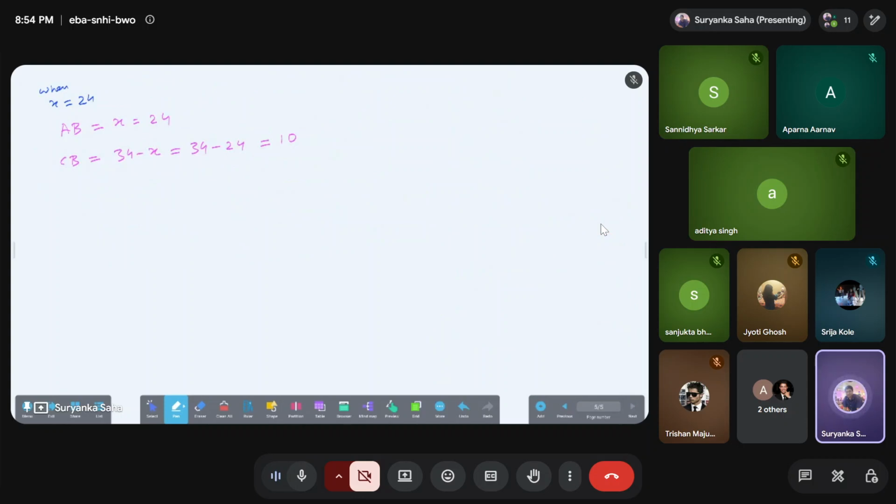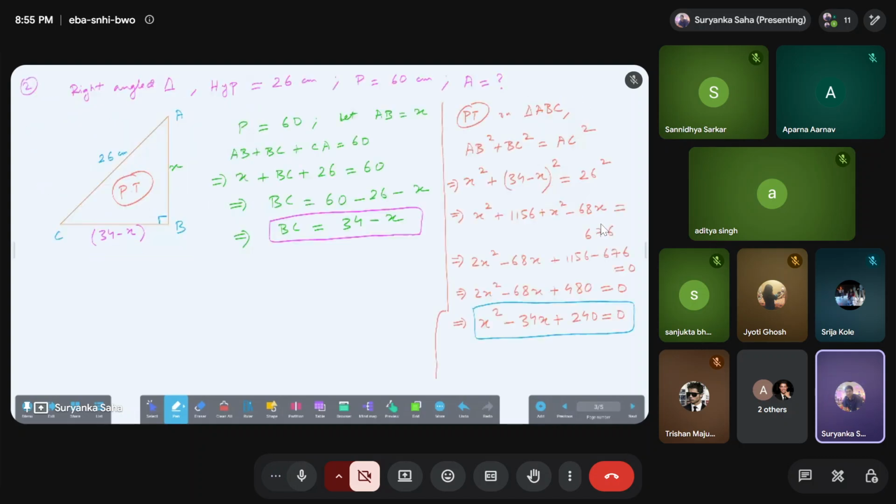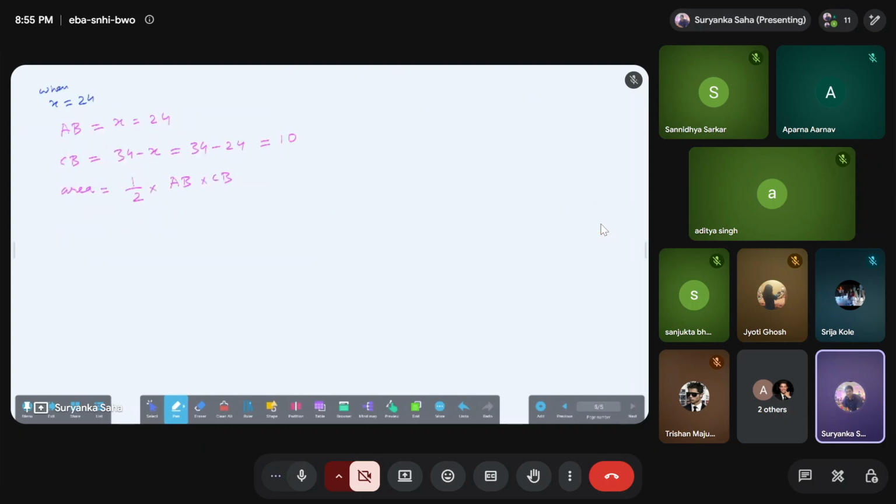So in this case area will be half into AB into CB. Look at the figure you have drawn: half into base into height. Whichever you take as the base, CB into AB, both are the same. So half into CB into AB.